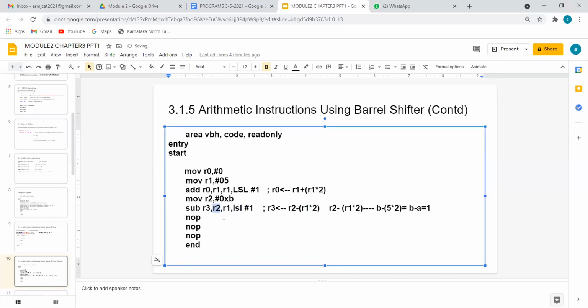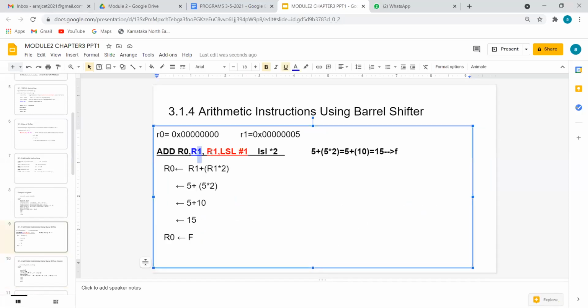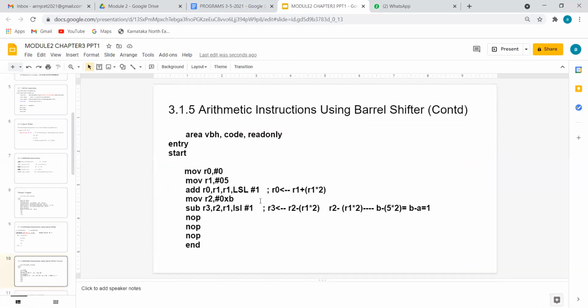R2 minus this logical result, R2 minus bracket of R1 star 2. Here, what R2 value did I take? Hexadecimal B, that means 11 in decimal. 11 minus 5 star 2. 5 star 2 is 10, which is A in hexadecimal. So B minus A is 1. Not all the time should this source and the other source be the same. We can have different values also.